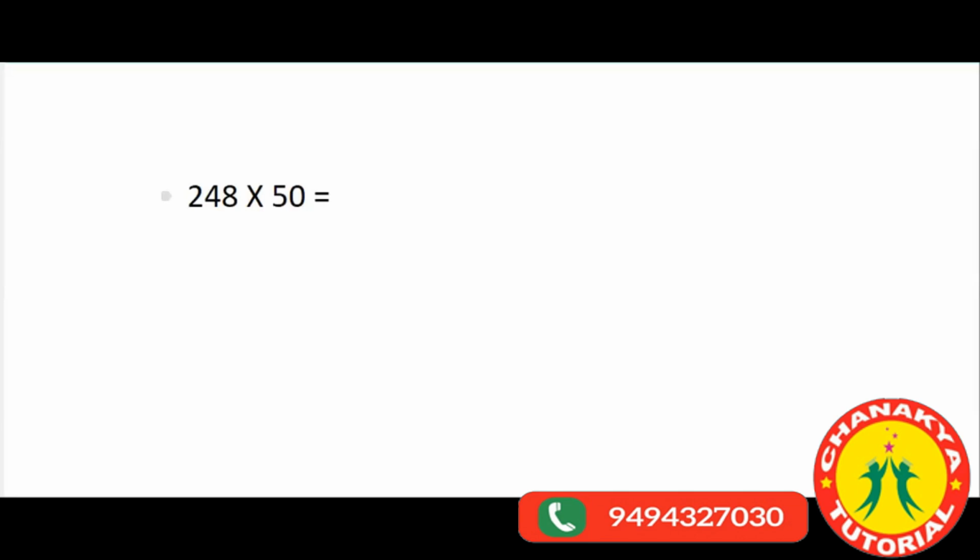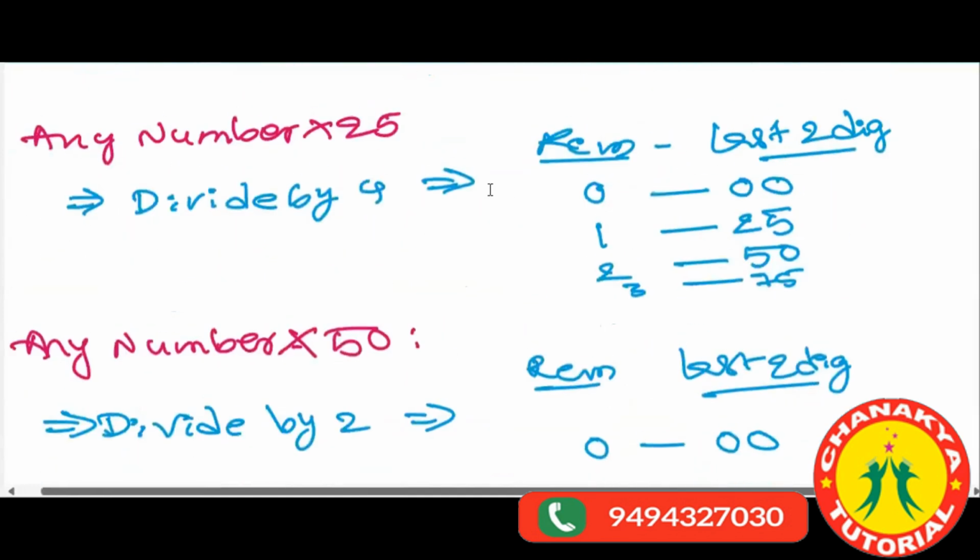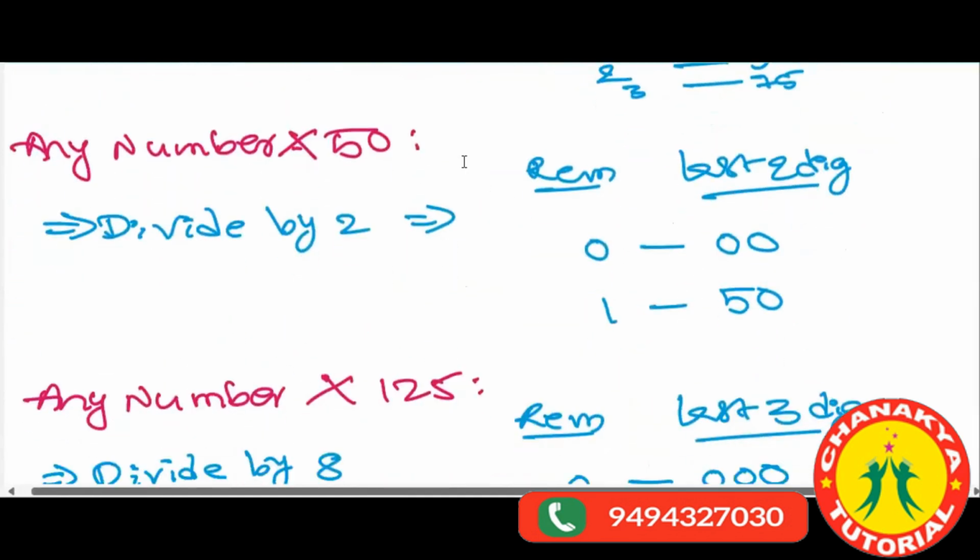Sir, I didn't join last class. Last class, I just explained everything. See here, any number, instead of multiplying by 50, what can we do? So we have to divide by 2.